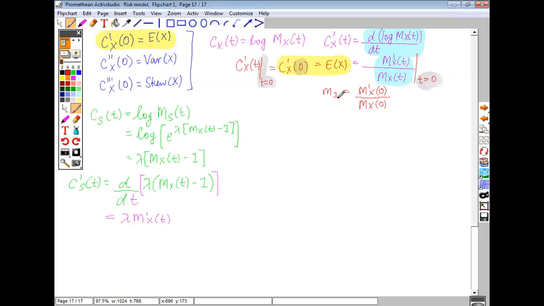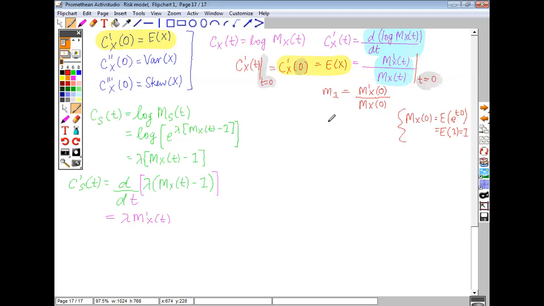Because that is how I define my expectation of x in general. So if I'm talking about mx0, what is my mx0? It will be expectation of e raised to t times 0, right? Which is expectation of 1, which is just 1 itself. So this denominator can just go away. I have nothing to do with it.